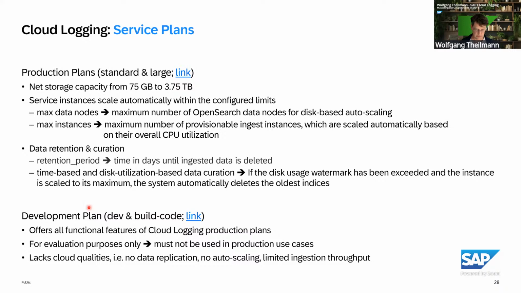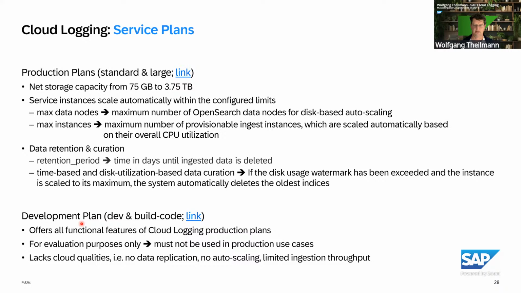Last, we have a development plan called dev, and that's also the one which is promoted in the so-called build code context. It offers all the functional features that cloud logging comes with, but it's foreseen only for evaluation purposes, so it shall not be used in production use cases. And the reason for that guidance is simply because it lacks cloud qualities.